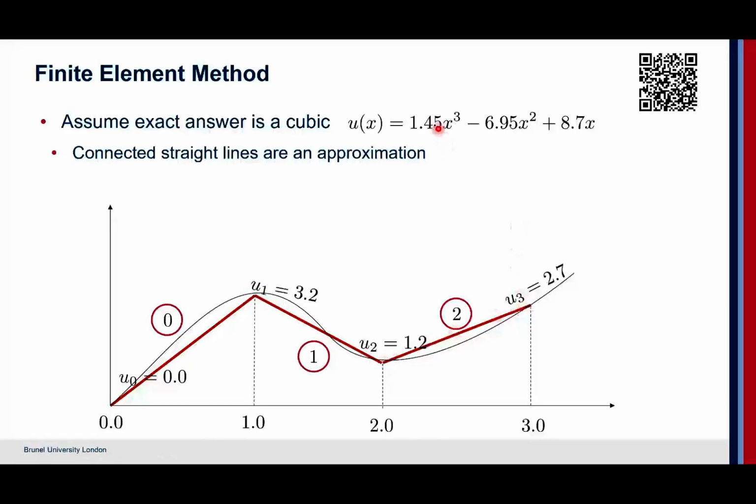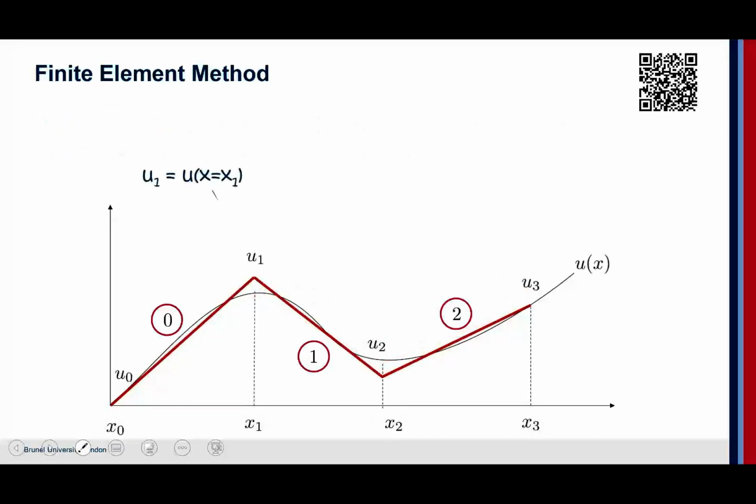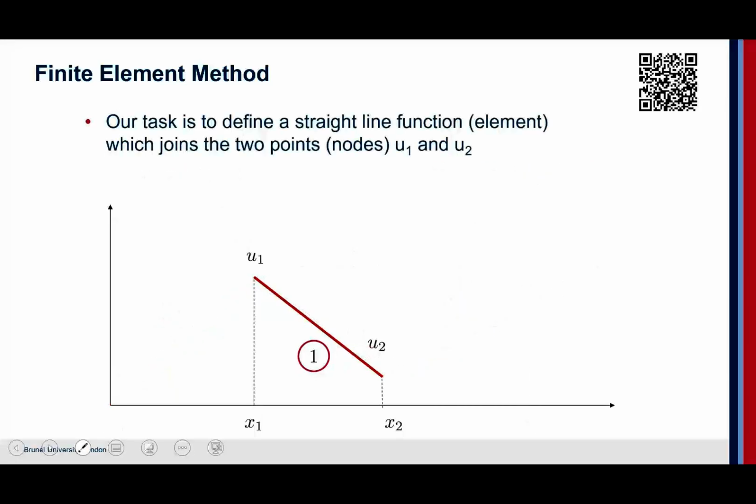So if you put in the values, say, of 1, 2 and 3, you'll get these values of u1, u2 and u3. Just to remind you of the notation, u1 is just u at x equals x1. Similarly, u2 is u at x equals x2.